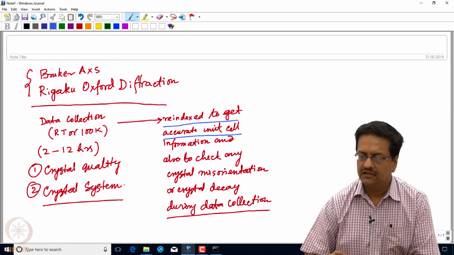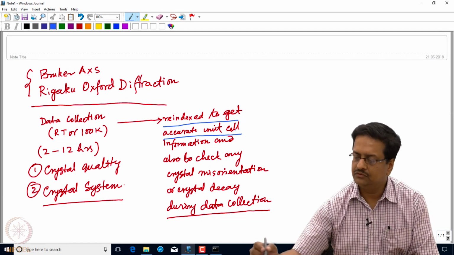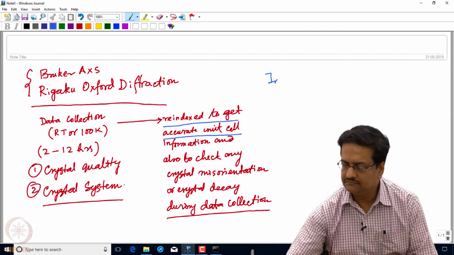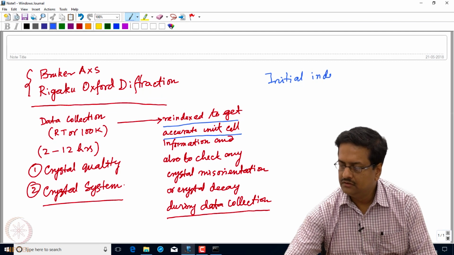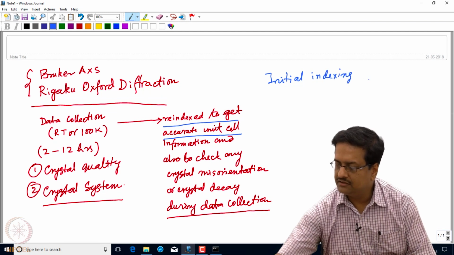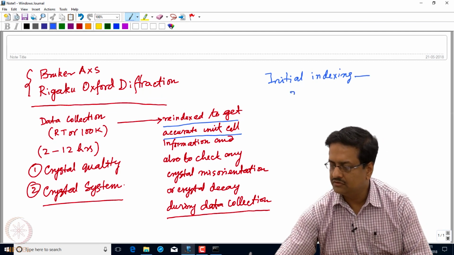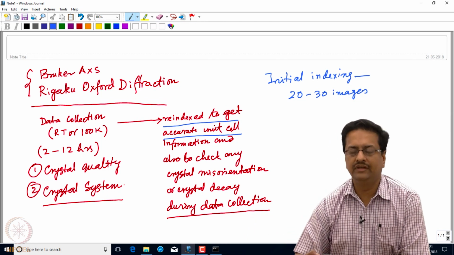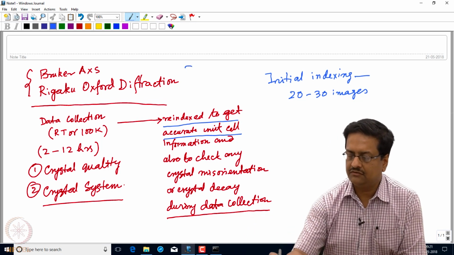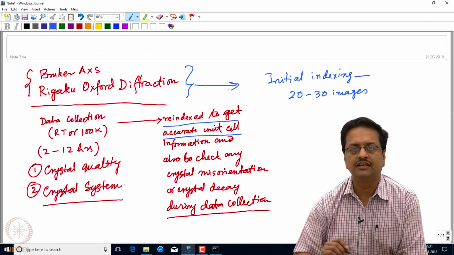Remember, when we were trying to do the initial indexing, what we had was about 20 to 30 images, the initial images, and both companies offer different indexing modules.